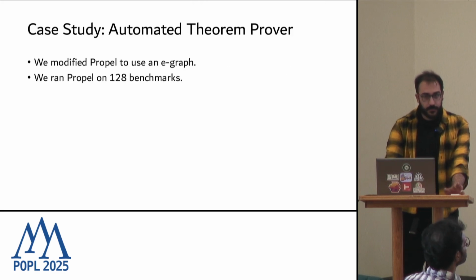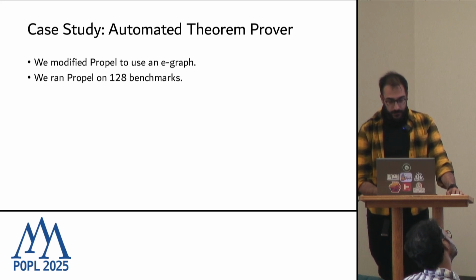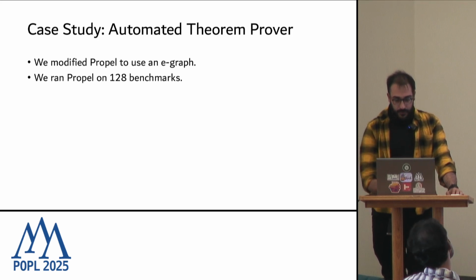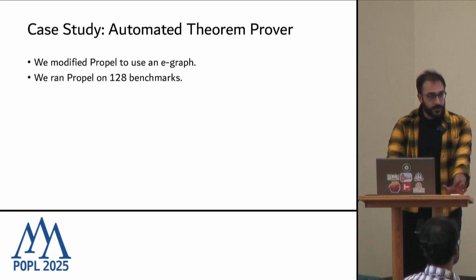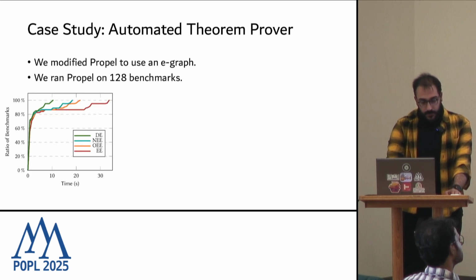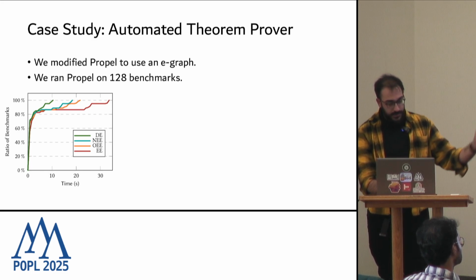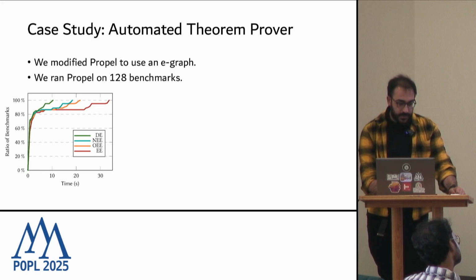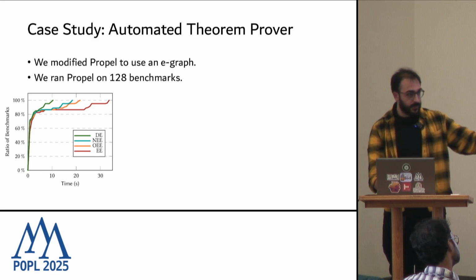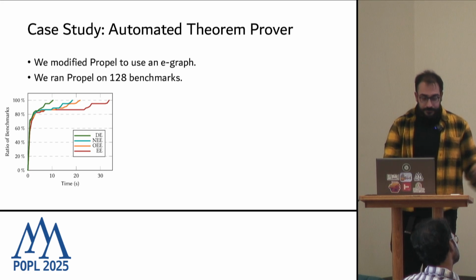So the first case study we did is that we took our inductive theorem prover, POPL', and we made it use these 4 eGraphs, and we measured the resources it took. So the first resource is time, and in this graph, what you see on the x-axis is the time, and on the y-axis is how many benchmarks it could solve given some time.